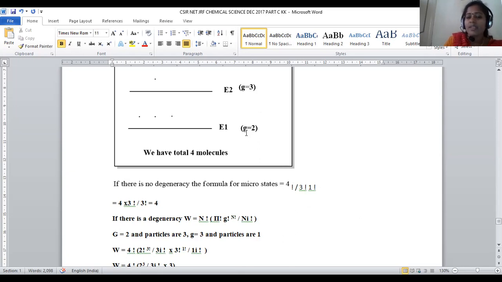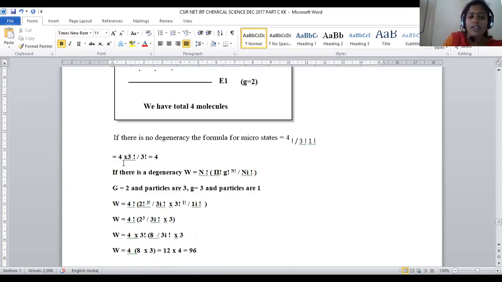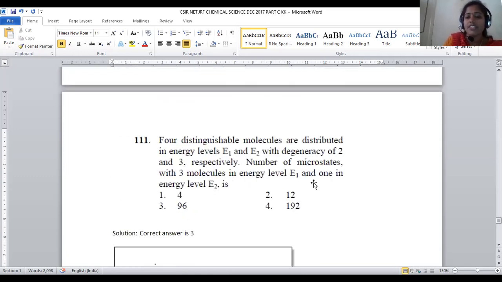So N factorial by the number of molecules in the E1 level into the number in the E2 level. That is 4 factorial divided by 3 factorial and 1 factorial. This is the general pattern for no degeneracy. So 4 into 3 factorial by 3 factorial; the 3 factorials get compensated, and 4 will be the answer. So 4 microstates will be there.